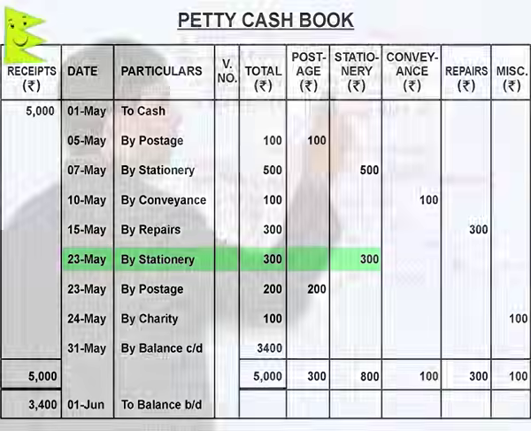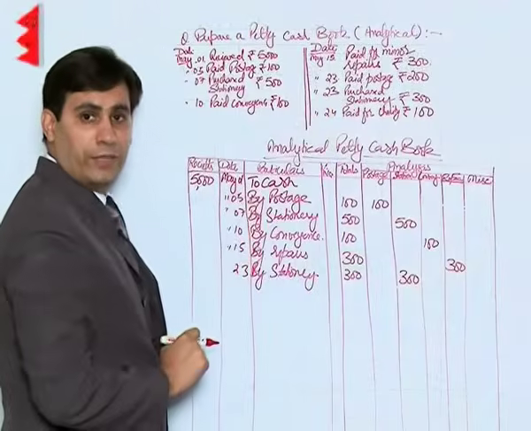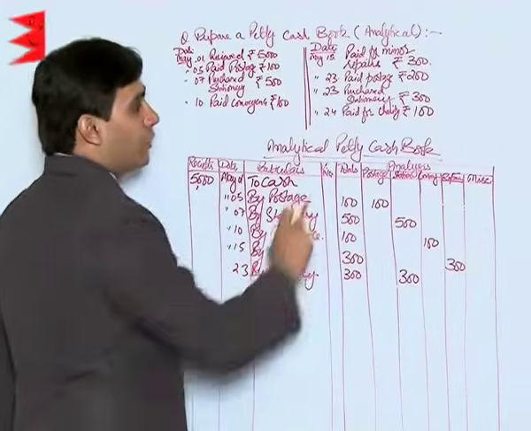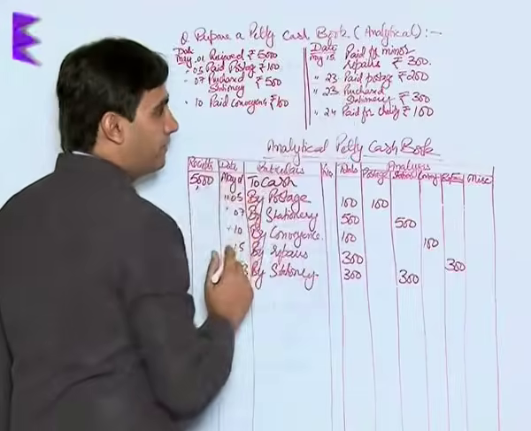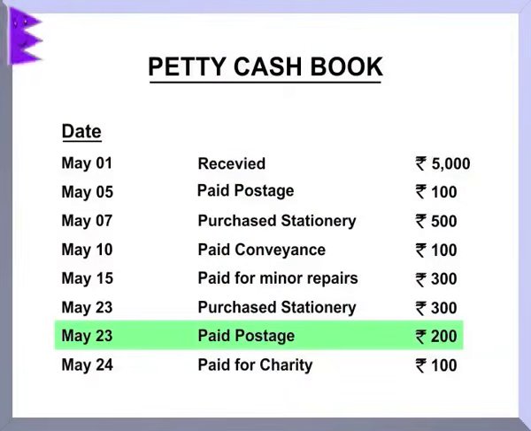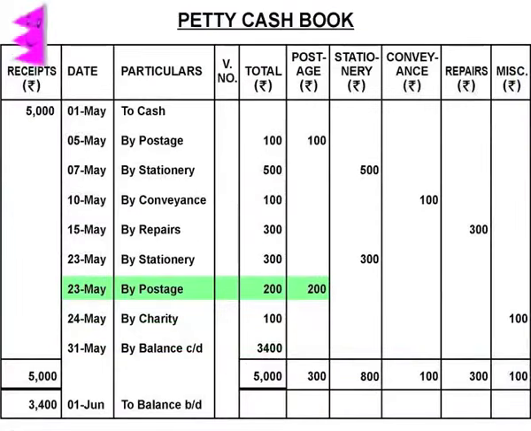Now students, there are two entries on the date 23rd here. The second entry here is paid postage. By postage, the amount that we have paid is 200 rupees. So we'll put 200 in the total column, and we have a column for postage as well, so 200 would be put in the postage column as well.